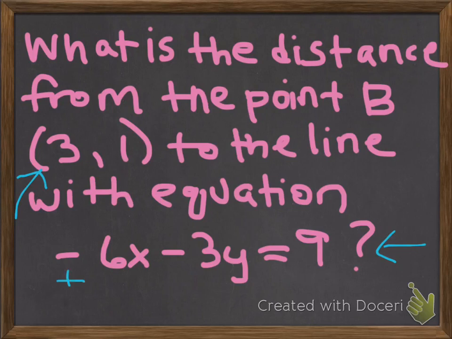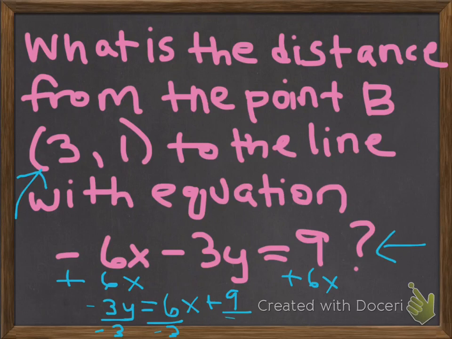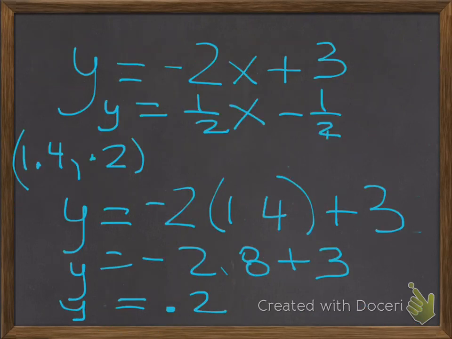So we need to get the y by itself. So we get y equals, so we have 1.4 comma 0.2.